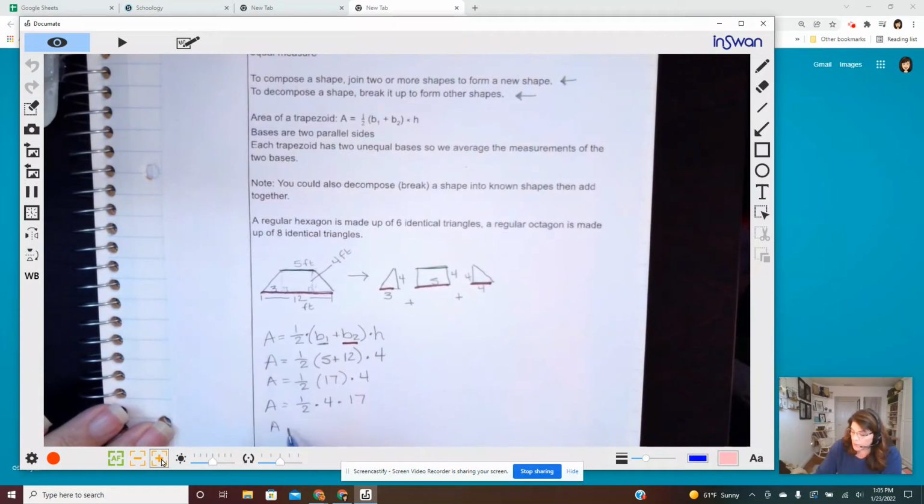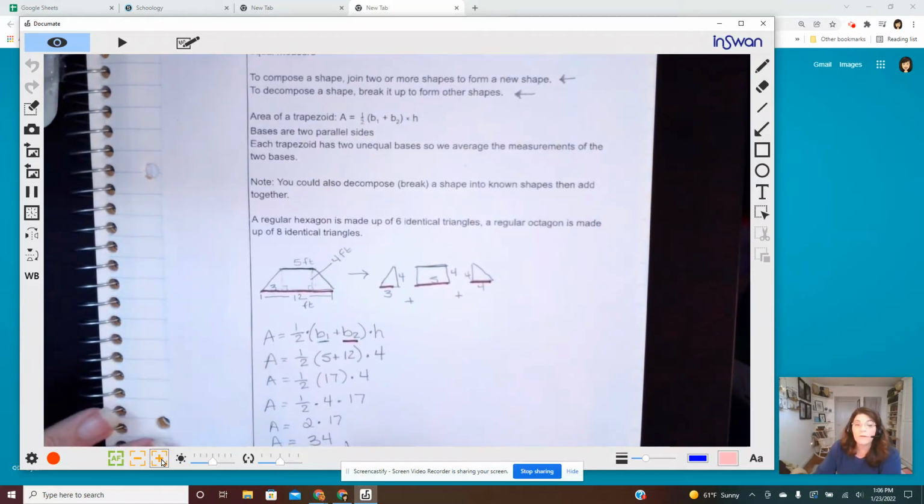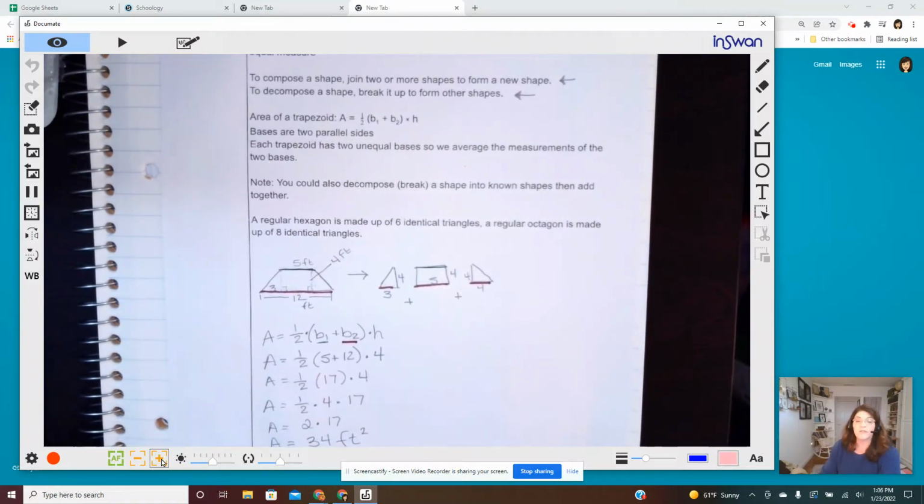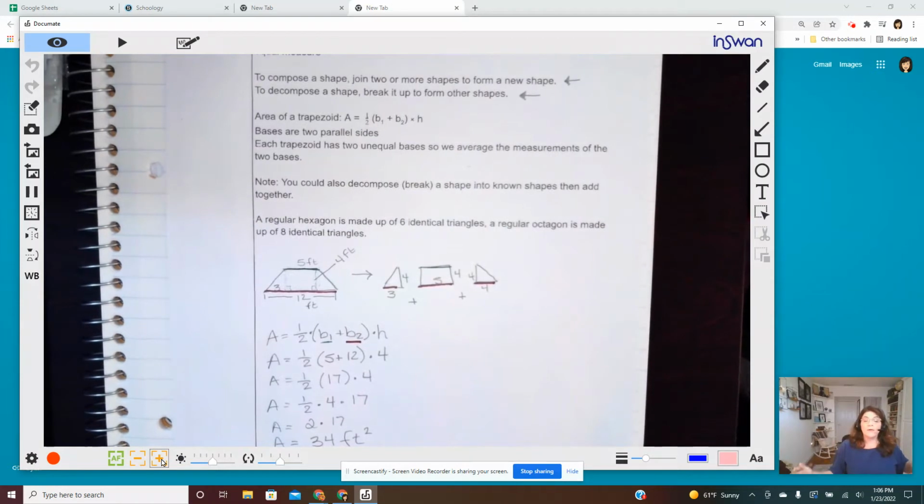So area equals 2 times 17. Oh, and area equals 34, and it's still area, so square feet. Okay, that's a trapezoid.